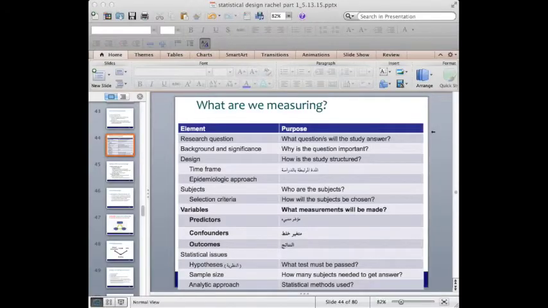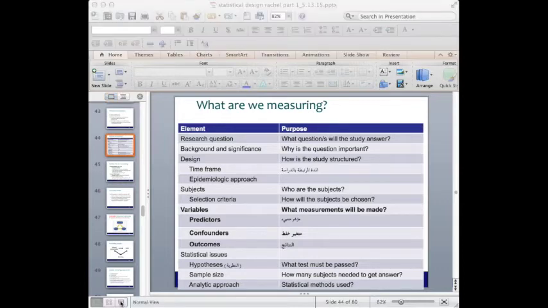Oh, wait a second. Now let me ask something. Do you see my screen? Yeah. Do you see just the presentation, or do you see the box?